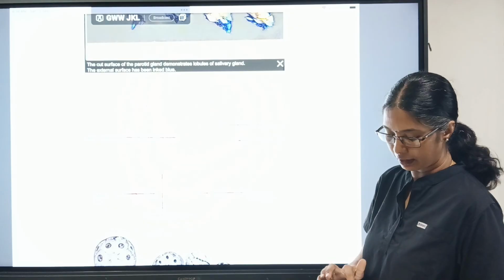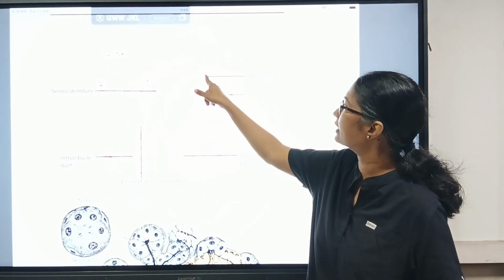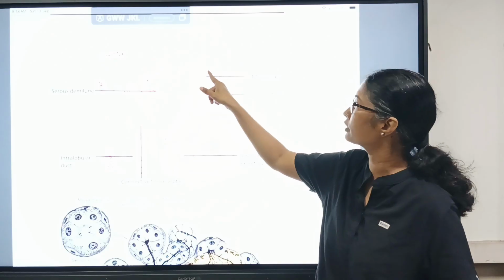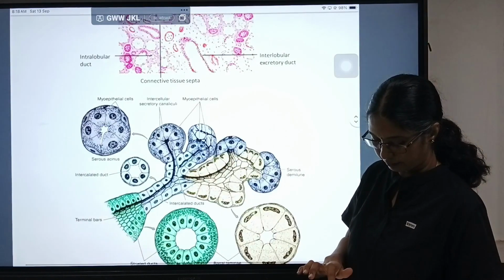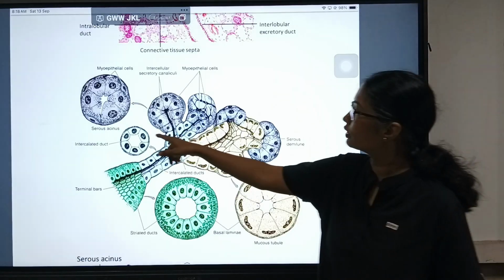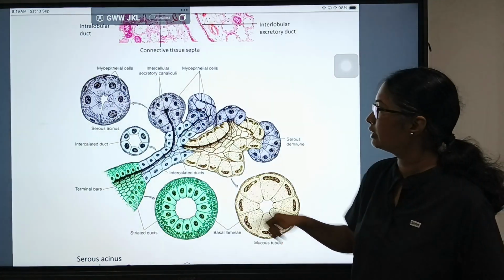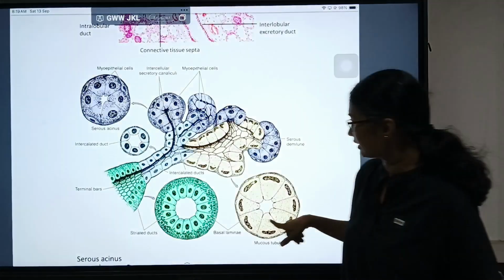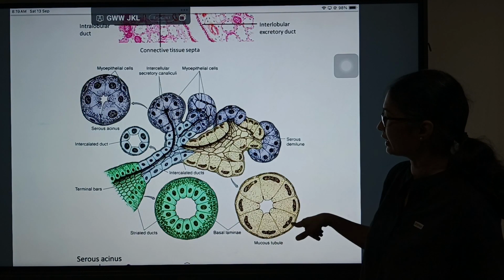This is a schematic representation of the mucous acini. As I said, the nuclei are placed on the basal side and are not very clearly seen. You can see here, this is the serous acini, which is polygonal in shape with round nuclei, whereas the mucous acini have the nucleus on the basal side.